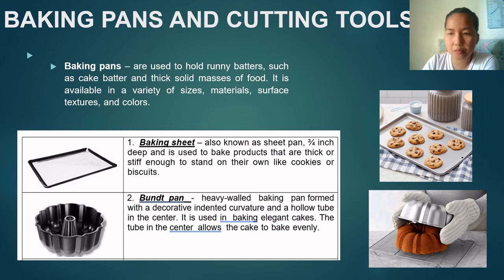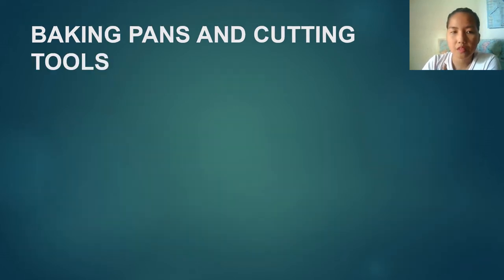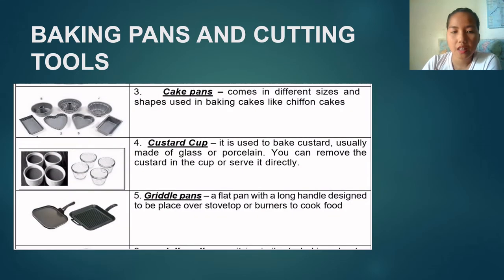Next, we have the cake pans. We have different cake pans like rectangular pans, square pans, circle pans, and even heart-shaped ones. They come in different sizes and shapes.